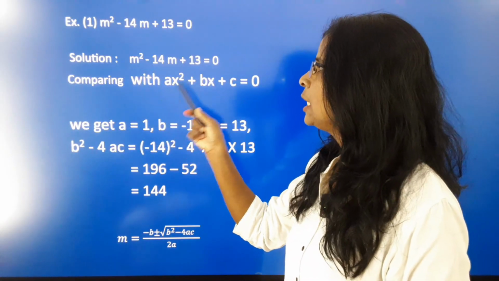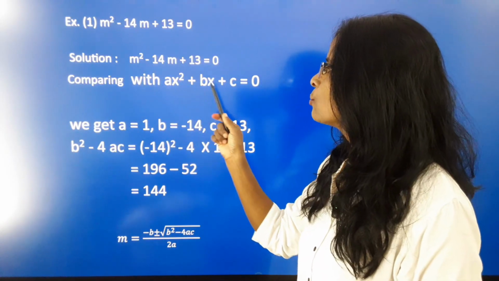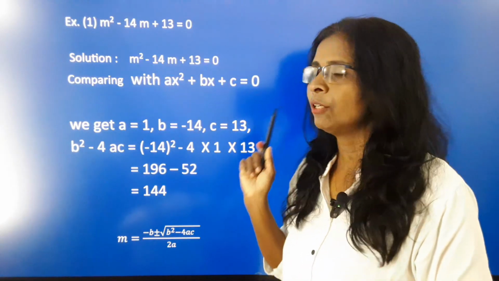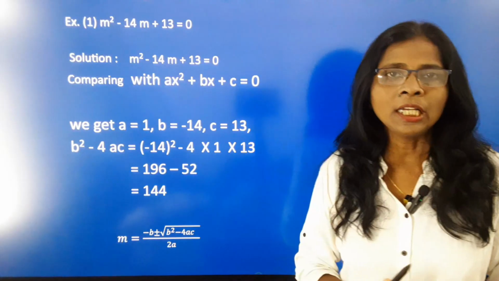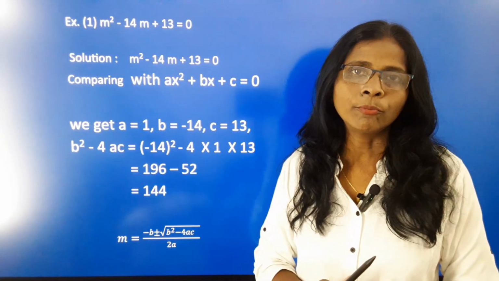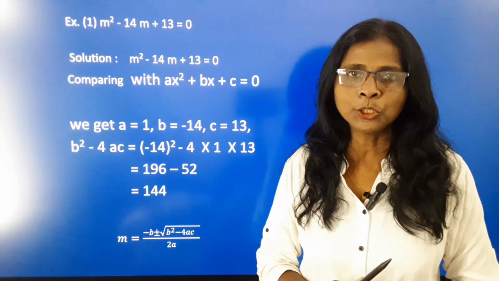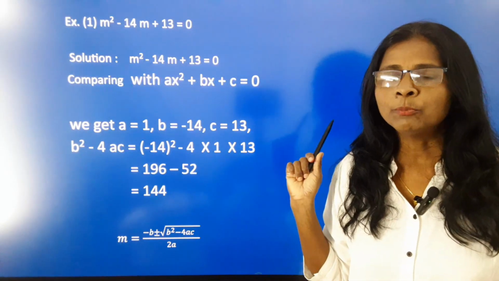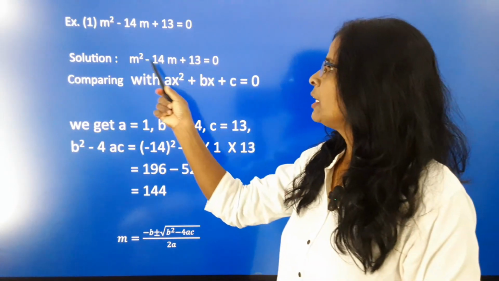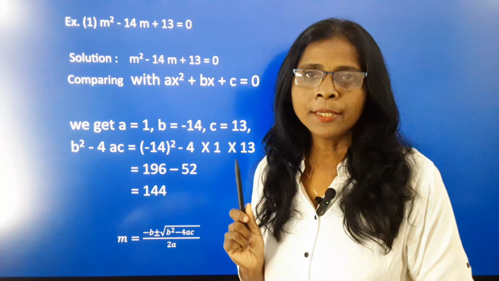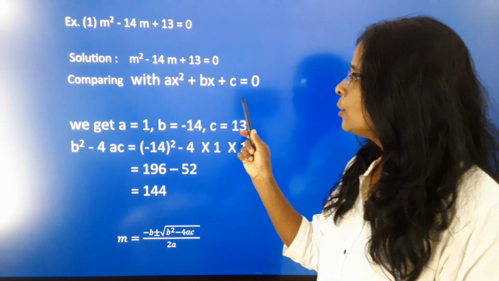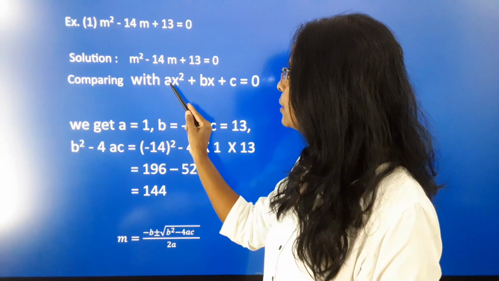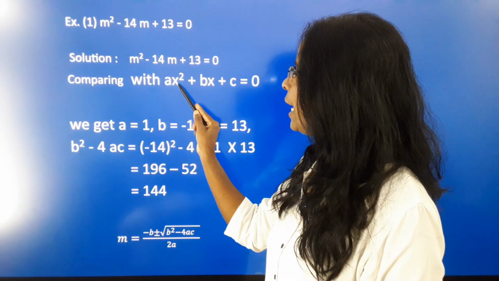Compare this equation with ax square plus bx plus c is equal to 0. Ax square plus bx plus c is equal to 0 is our standard form of the quadratic equation, students. So we compare the given equation with the standard form. Then we have a is equal to 1, see the coefficient of x square.